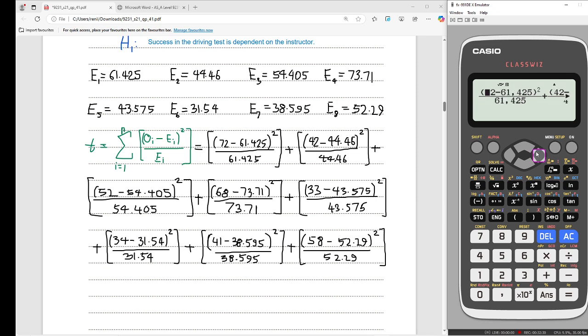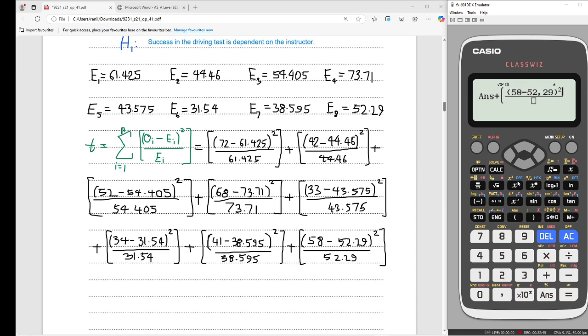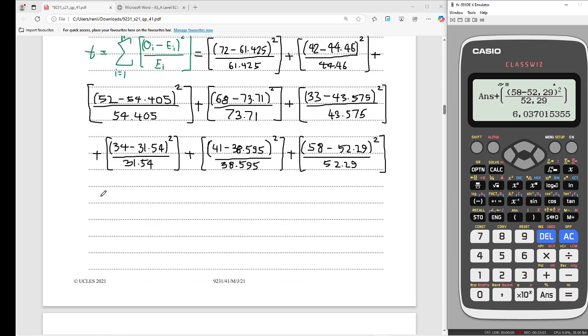When i equals 8, it is not there just yet, so we've got our test statistic as 5.41 plus the remaining one right here, which is 58 minus 52.29, whole squared, and then divided by 52.29. The number of terms can get quite long, so we may have to break up our results in two. And we have here a test statistic of 6.037.